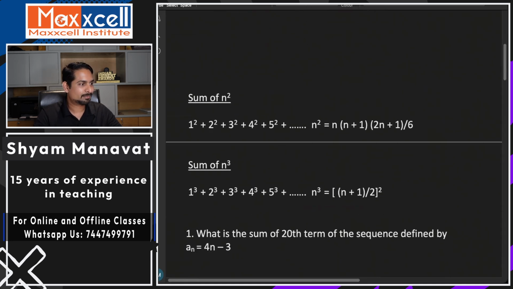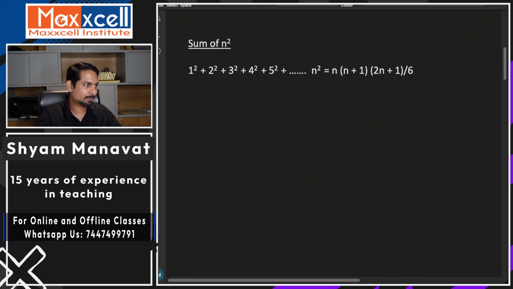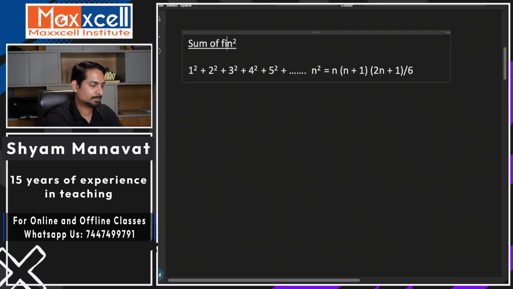Second is the sum of n square. Sum of squares of the first n natural numbers, which can be expressed in this way.